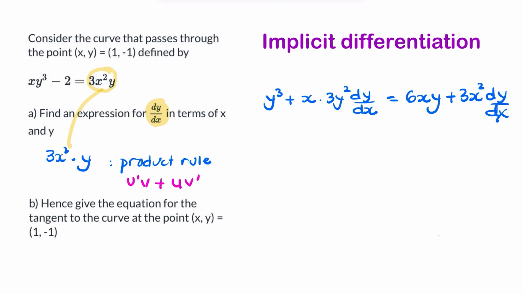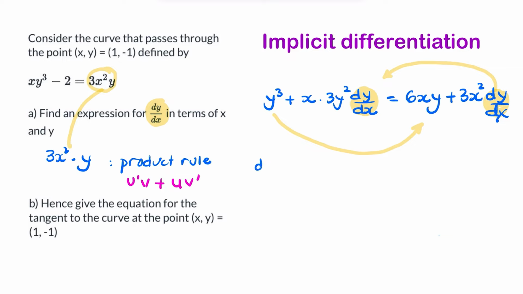Now the question is asking to find dy by dx, so it's no good having dy by dx on both sides of the equal sign. I'm going to move the dy by dx terms to one side, and any term that doesn't have dy by dx on it, I'll move to the right-hand side.